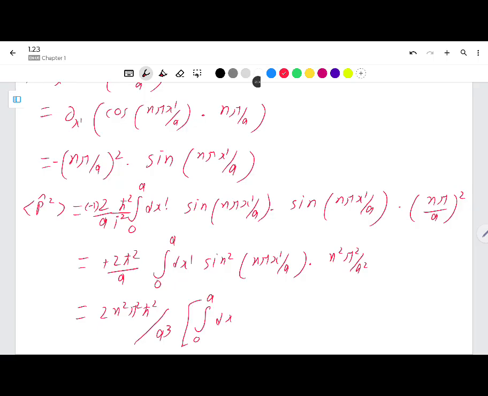Instead of this we can write sine squared as one by 2 plus cos 2n pi x by a.